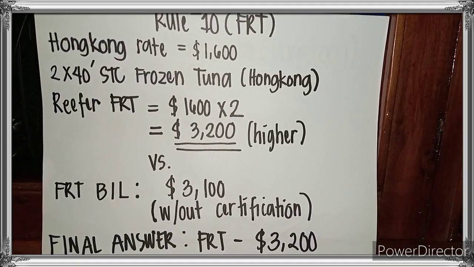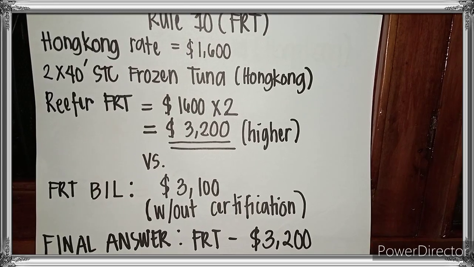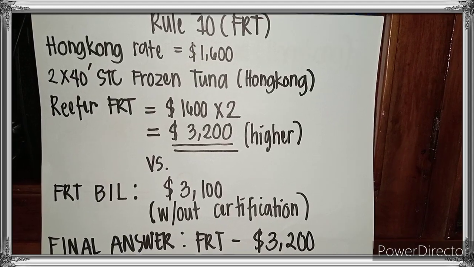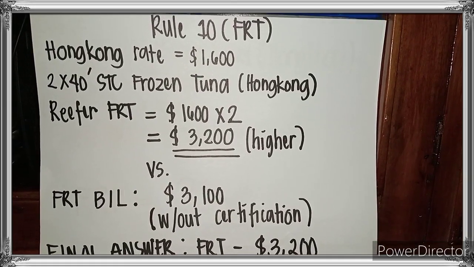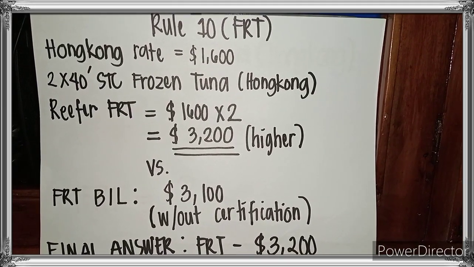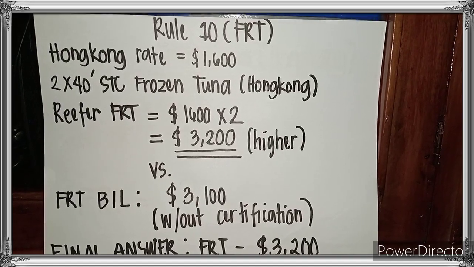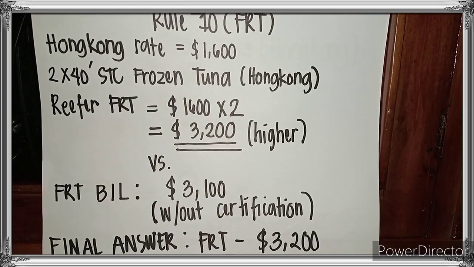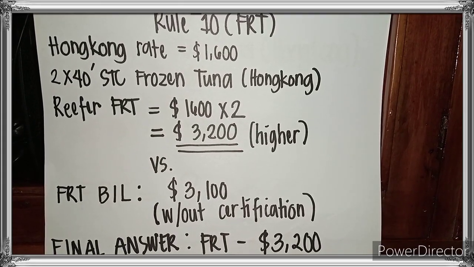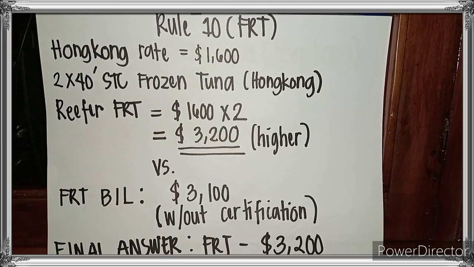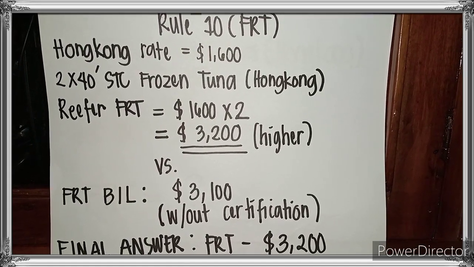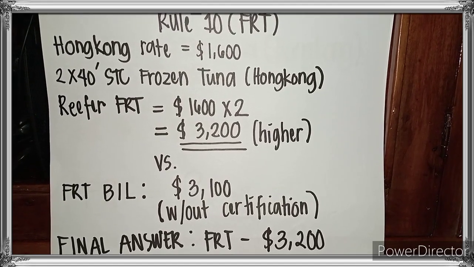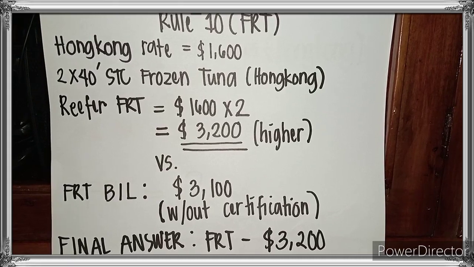In order to find the freight of the problem, we will still be applying Rule 10 freight. As you can see, there is a Hong Kong rate which is equal to $1,600. If you recall, earlier I discussed the reefer rates, so you can find there the Hong Kong rate, which is $1,600 for a 2x40 STC frozen tuna from Hong Kong.